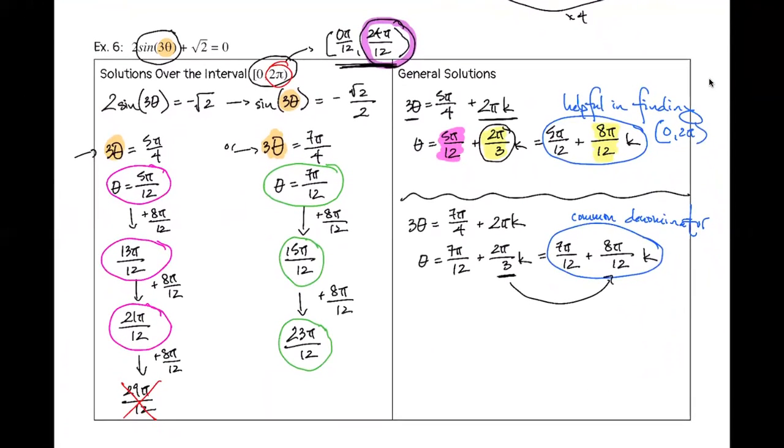How did we get 13 pi over 12 and 21 pi over 12 and 15 pi over 12 and 23 pi over 12? Okay, we didn't add 2 pi though. If we wanted to add 2 pi, we would have done this plus 24 pi over 12, right? That would be adding 2 pi.